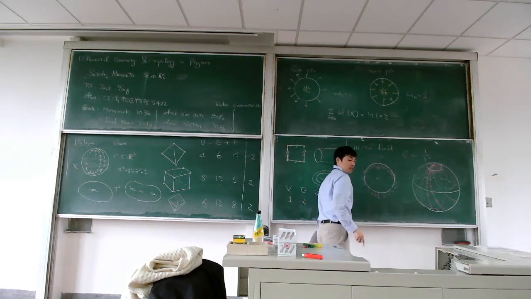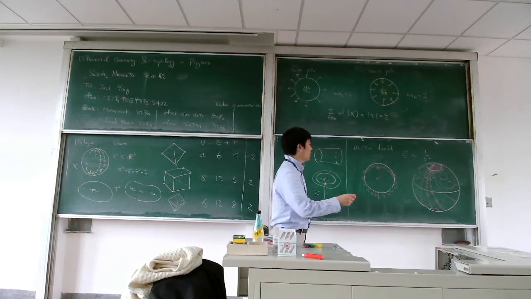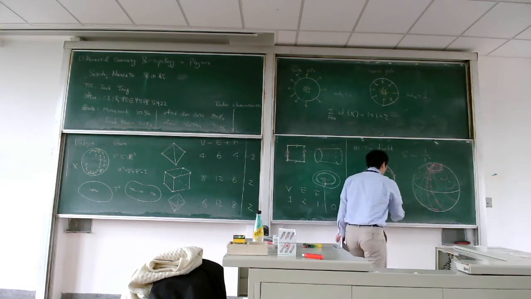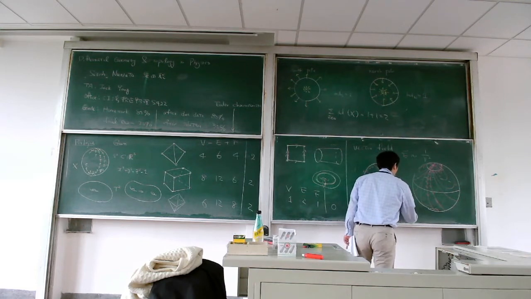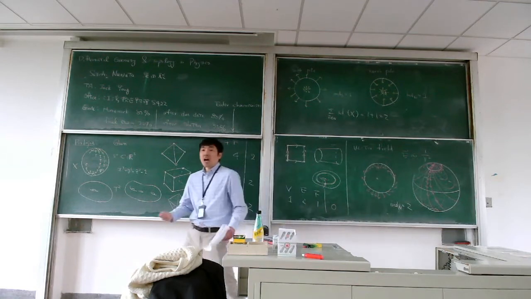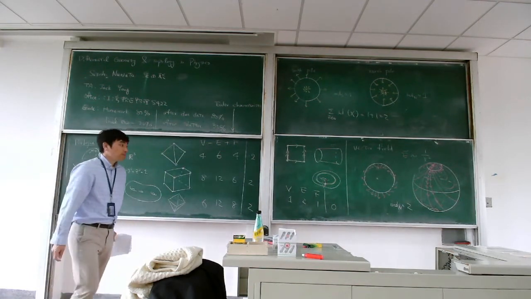Okay. So therefore, as you go around the 360 degrees, the vector field becomes 720 degrees. So therefore, the index in this case is p equal to 2. 2 times 2 pi. So that's the index.